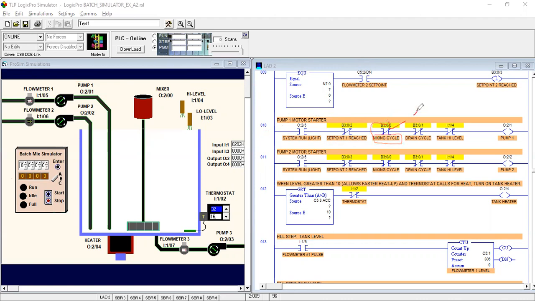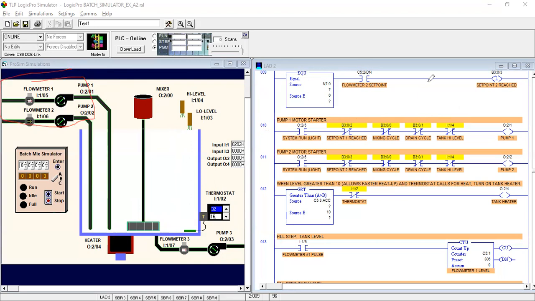This is also a binary bit, but with a different address, as you can see: 0/0, 0/2, 0/1. This is our drain cycle, this is our mixing cycle, and this is our set point 1 cycle.